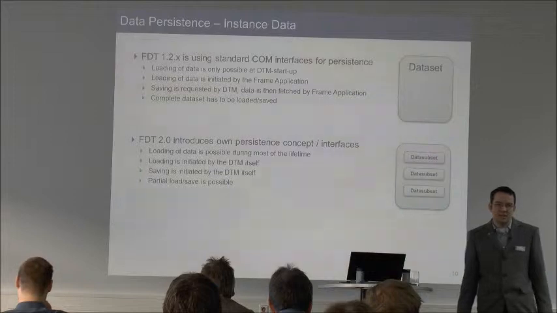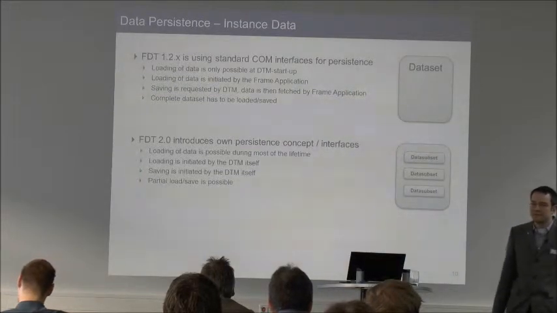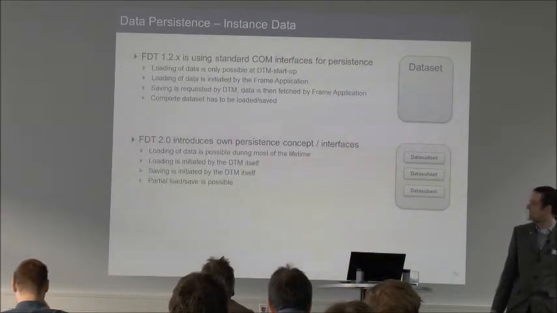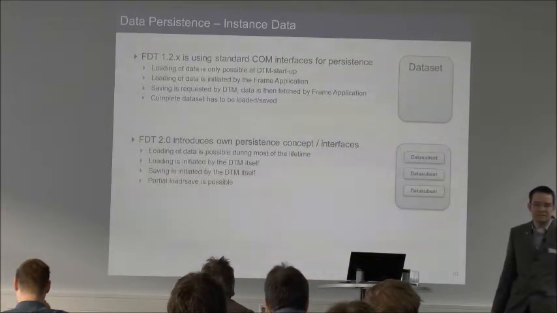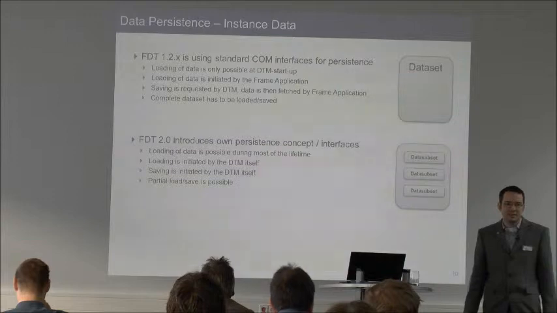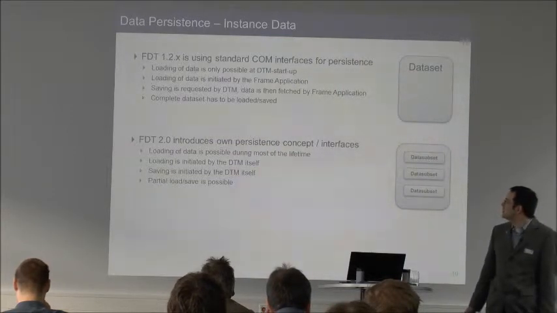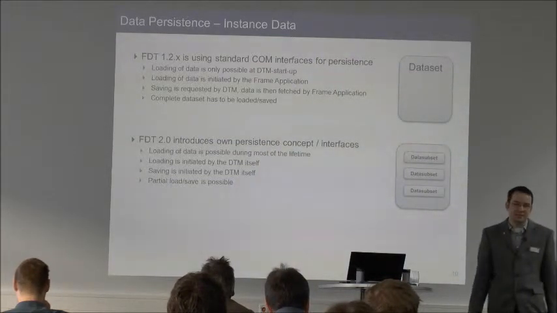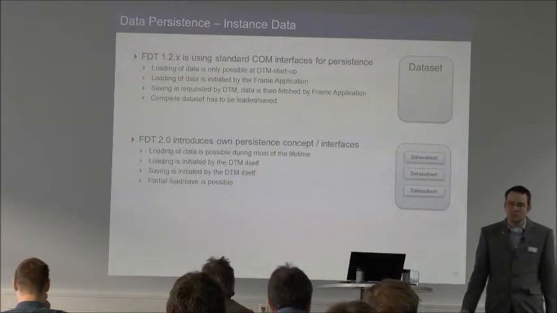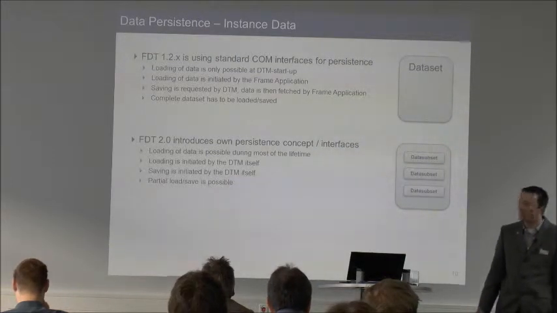Persistence was enhanced. In FDT1 we have one big stream which contains all data in the DTM. The DTM is only able to load all data at once at startup, and it can also only save all data.